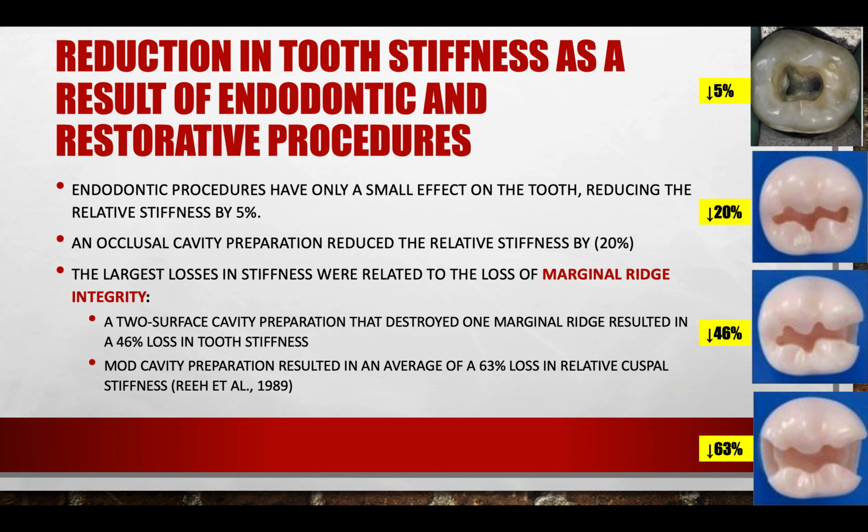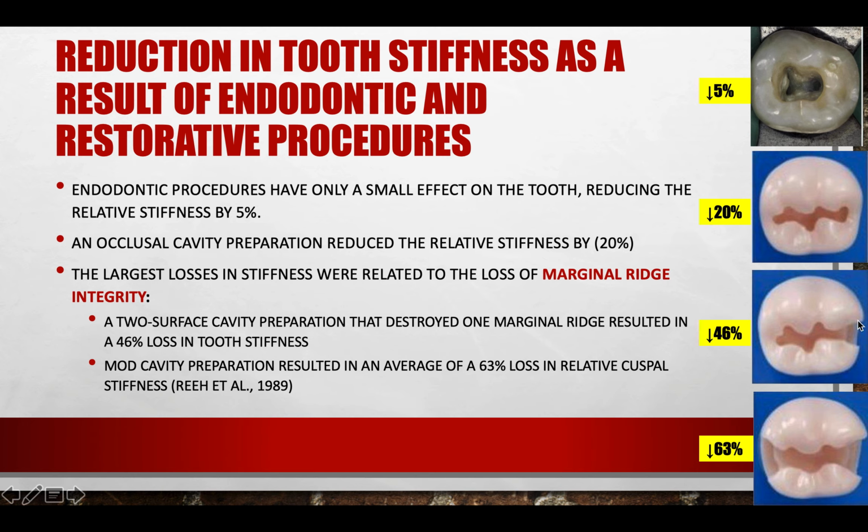A study investigated the effect of different cavity designs and different restorative procedures on the stiffness of the tooth. They found that if you do an access cavity only, then the stiffness of the tooth is reduced by 5%. However, a class 1 cavity that extends to the whole occlusal surface of the tooth will reduce the stiffness of the tooth by 20%.